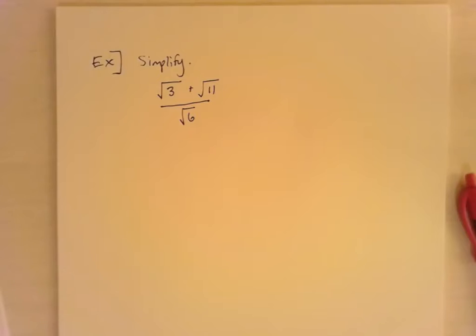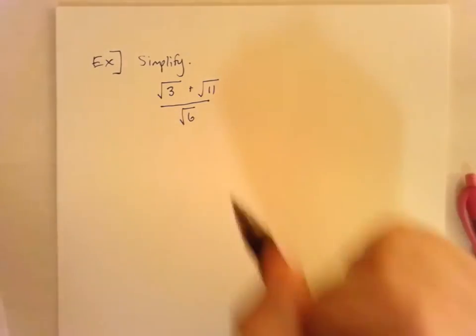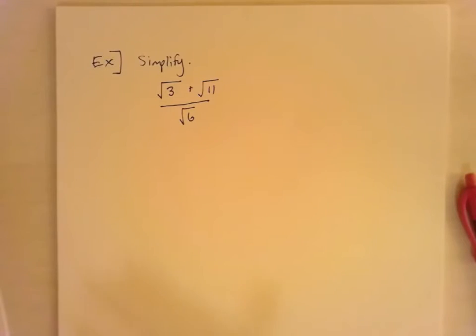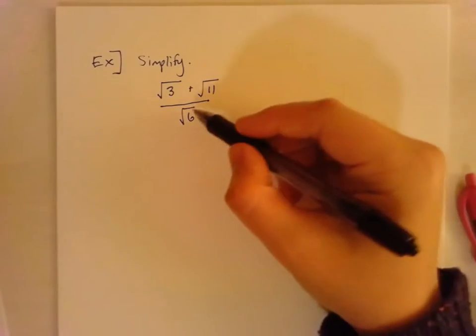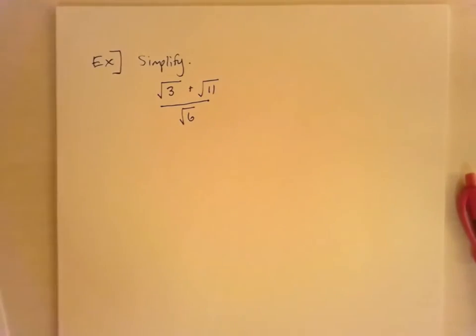Now I want you to recall from the last example what we multiplied top and bottom by. In the last example, we multiplied the top and bottom by the radical that was in the denominator. And that's exactly our first step here as well. That's what rationalizing the denominator means. You multiply by whatever radical is in the bottom, top and bottom. So that's our first step.